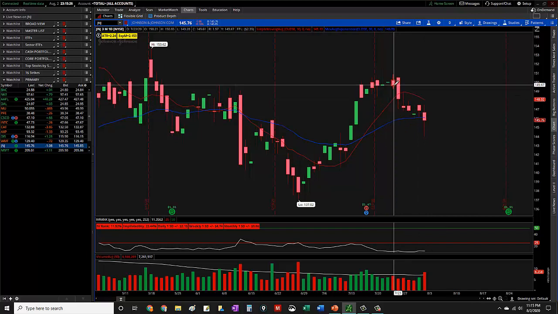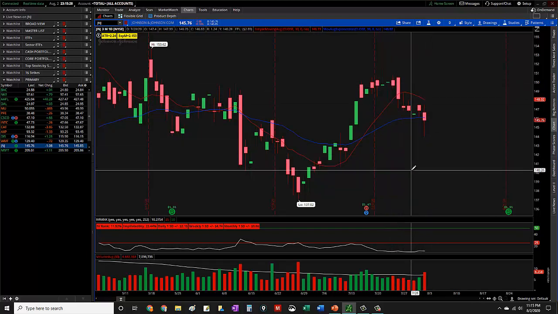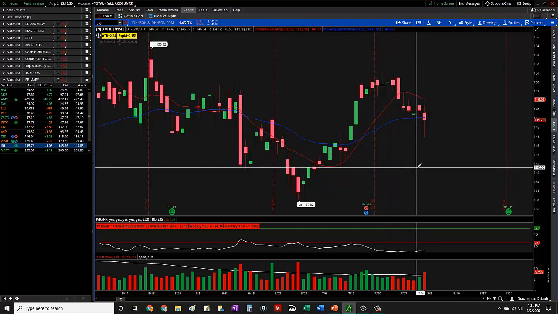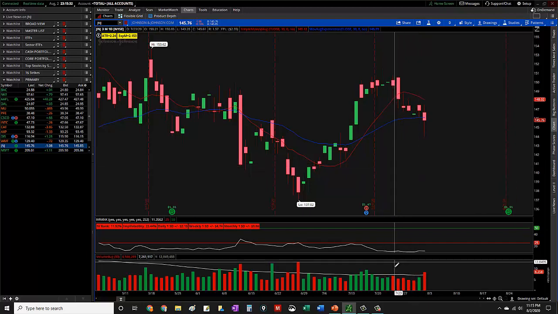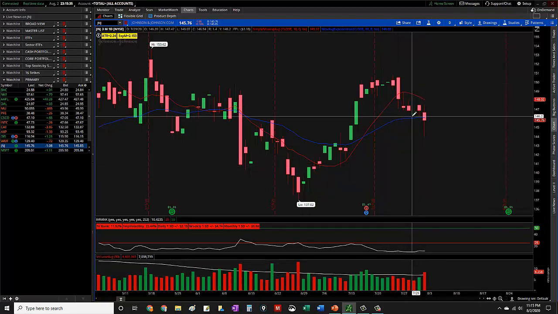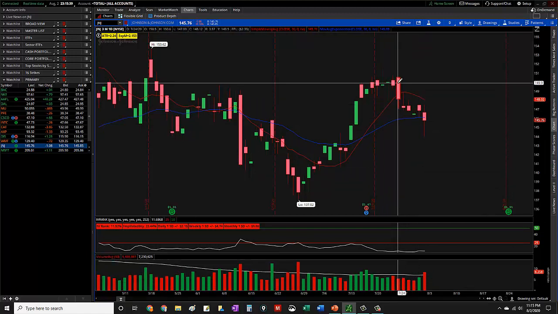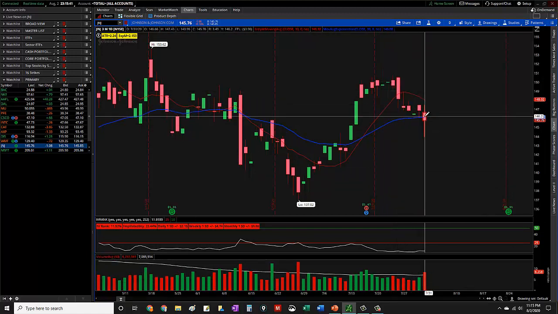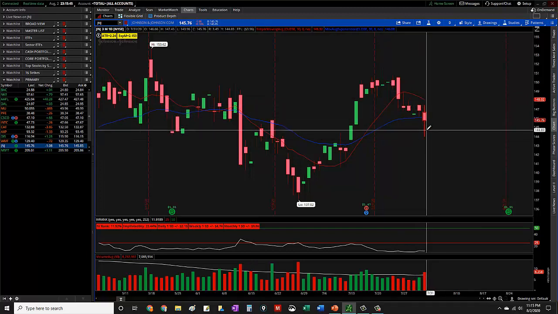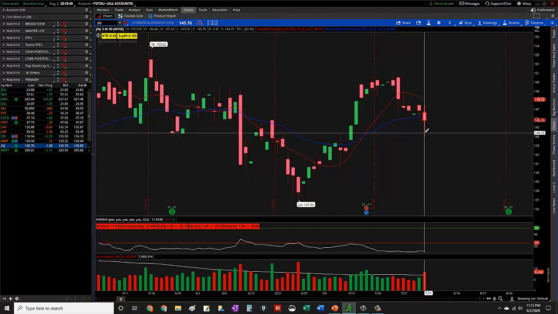The only thing that makes me hesitant is we had all these red candles and red volume bars consecutively, and price stayed below average for all of them, including this large downward move here. You can see we've got these long tails on this candle, which makes me a little bit nervous that was the high volume day.